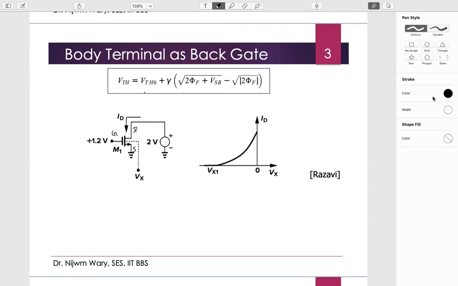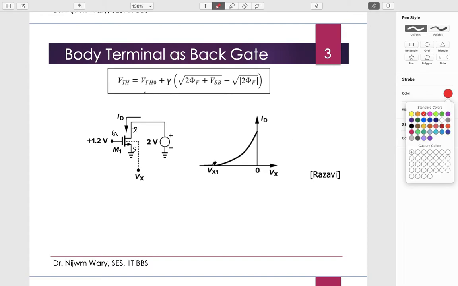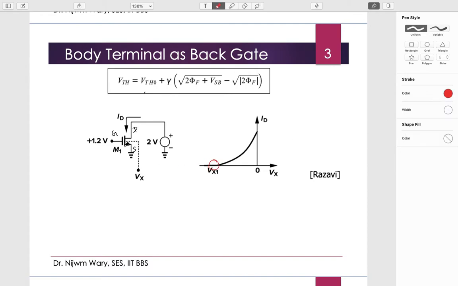You can see here that whenever VSB is very high, this is very negative compared to zero, then the current ID flowing through this transistor is almost zero. Then as we make it less negative, at this point we have only this point, this is zero.